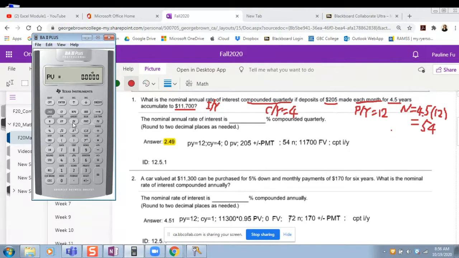So far, you entered 4 numbers. Last step, compute IY, and you get 2.4906.